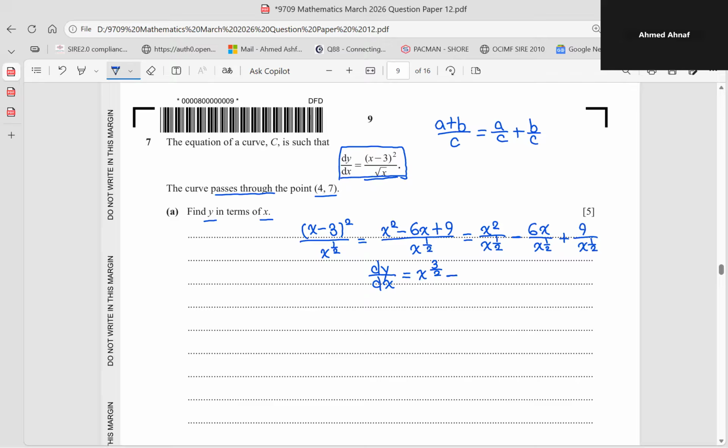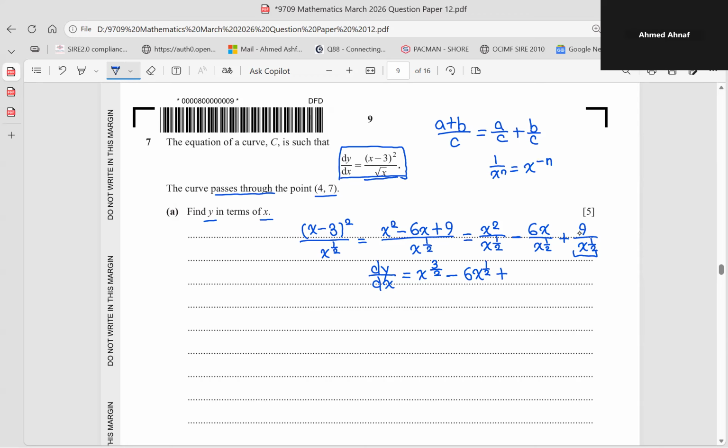And then the next term is 6x divided by x to the power of half. That's just minus 6 x to the power of half. And for this one, you make the power into a negative power using 1 over x to the power of n equals x to the power of negative n.